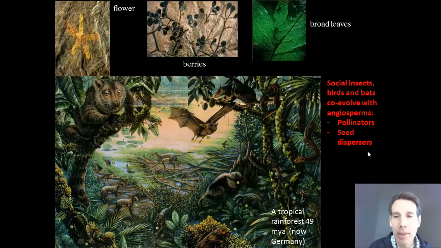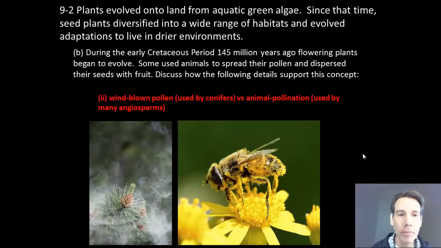In addition, these animals can act as seed dispersers. So maybe a fruit bat consumes the entire fruit, seeds and all, eventually defecates those seeds out and disperses the seeds. So there's an entanglement, a mutualism between various animals and these plants, these flowering plants, which help to increase their ability to fertilize and disperse offspring.